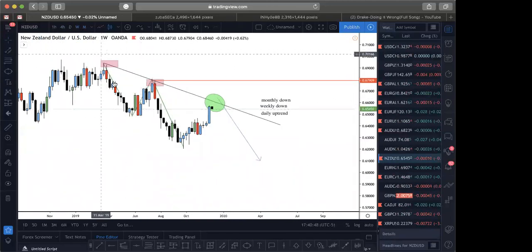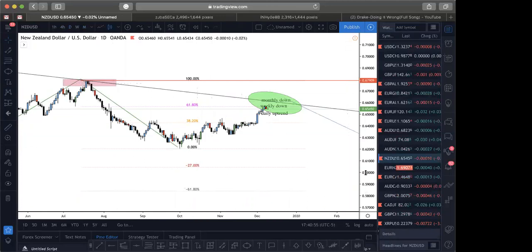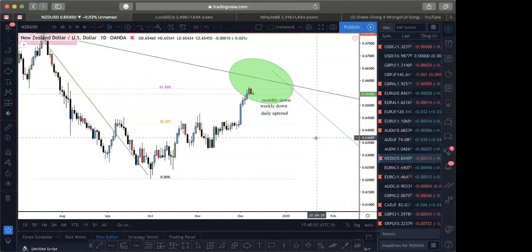This is the weekly trend down. This is the pullback. But on the daily, it looks like it's trending up because it's making higher highs and higher lows. But of course, we are expecting the monthly and weekly bearish structure to take back control.